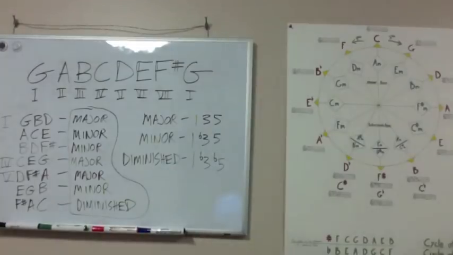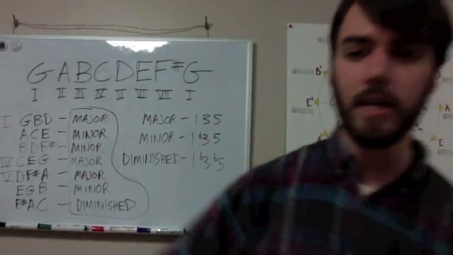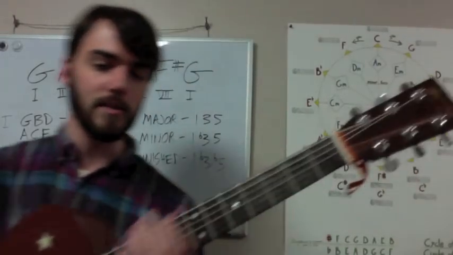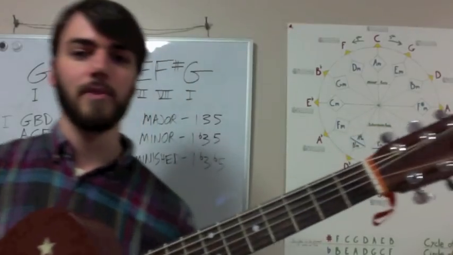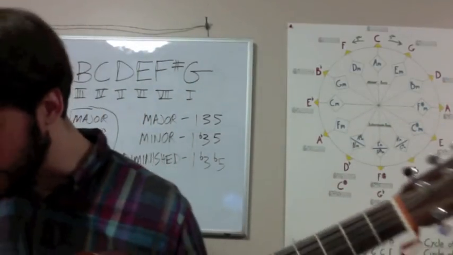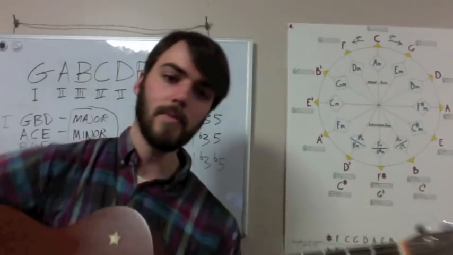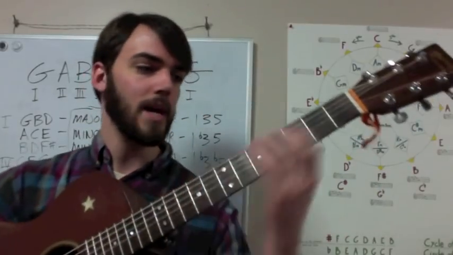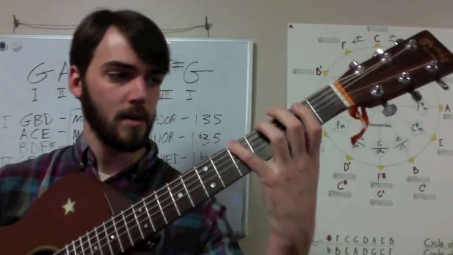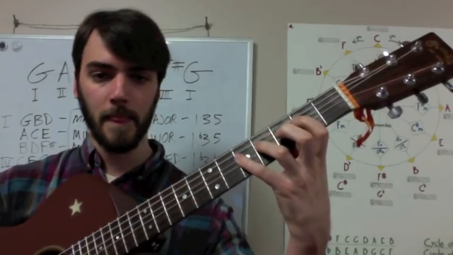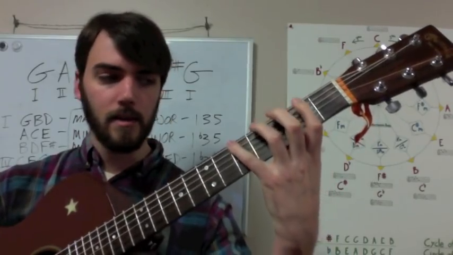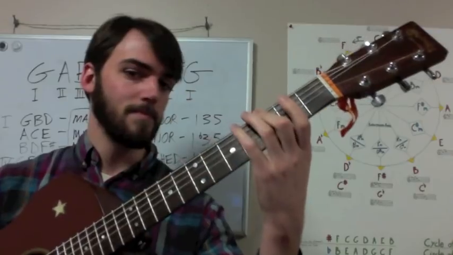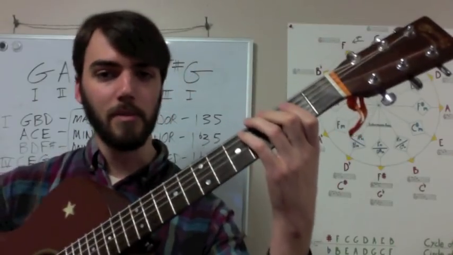All right, so let me play you a G major chord scale, and I just want you to listen to how all those notes sound really nice together. So here's the G major scale by itself. Now anybody, whether you've played music before or not, probably has heard that.